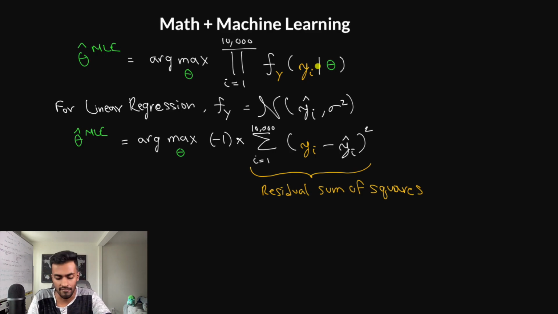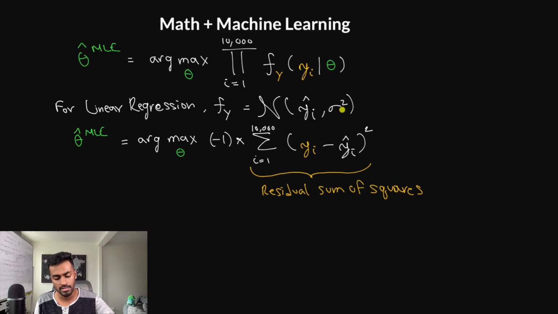Now, how exactly you get from this term to this term, I'll probably leave it to you as an assignment for now. But the hint is that you just need to replace this term with the normal distribution, considering the mean as the prediction and the variance as some constant sigma squared.